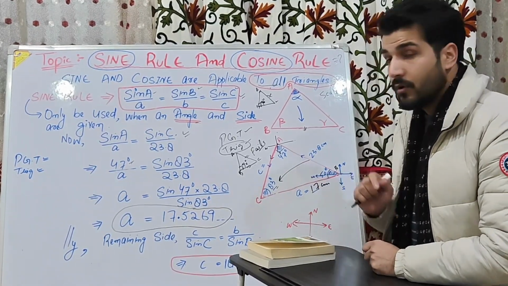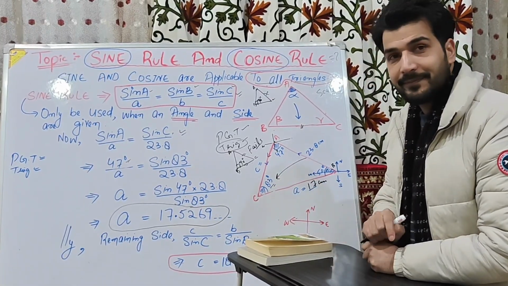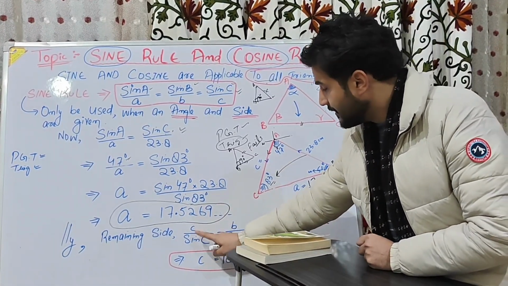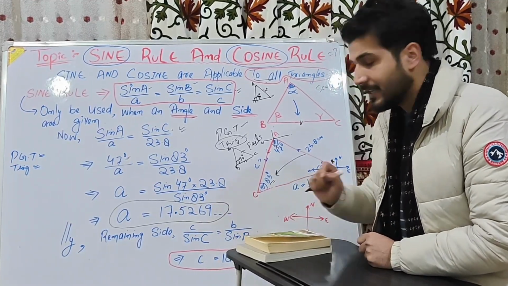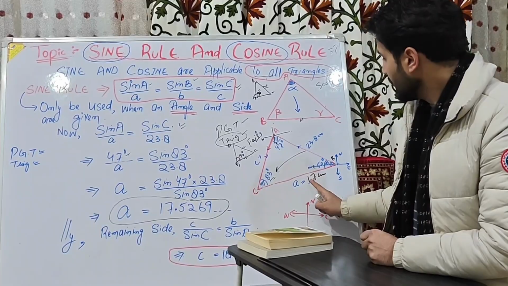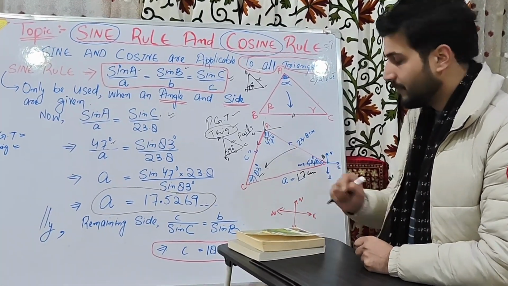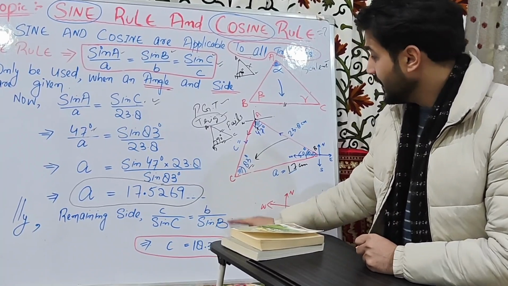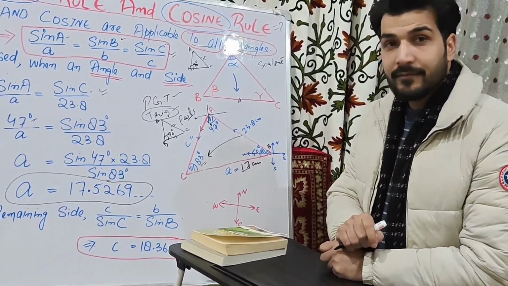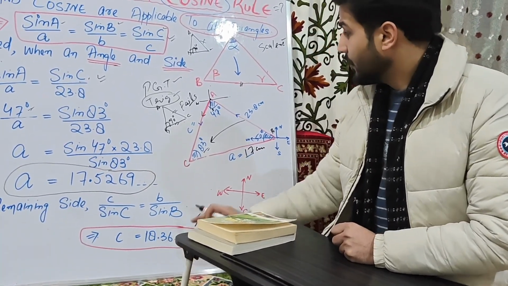Now, what is the remaining side we have to find? We are required to find AC, that is C. So again, we take sine C divided by C equals sine B divided by B. B is given. What is B? 23.8, this side, small b, and sine B is the angle 50 degrees. When we find this value, we get C equals 18.3.